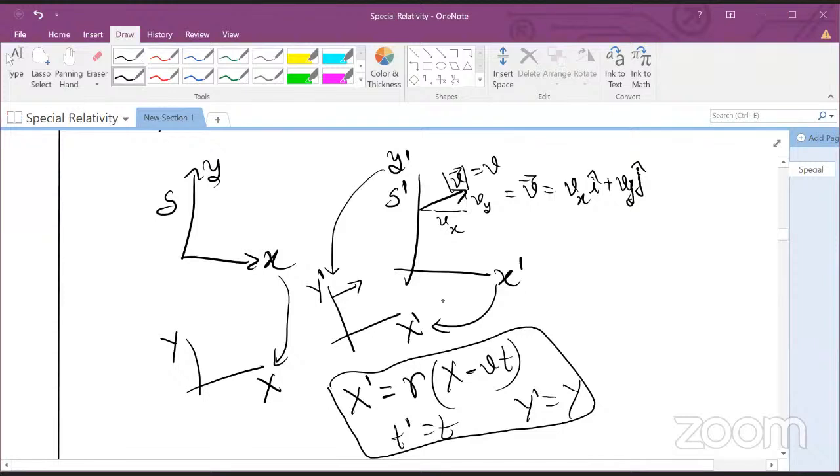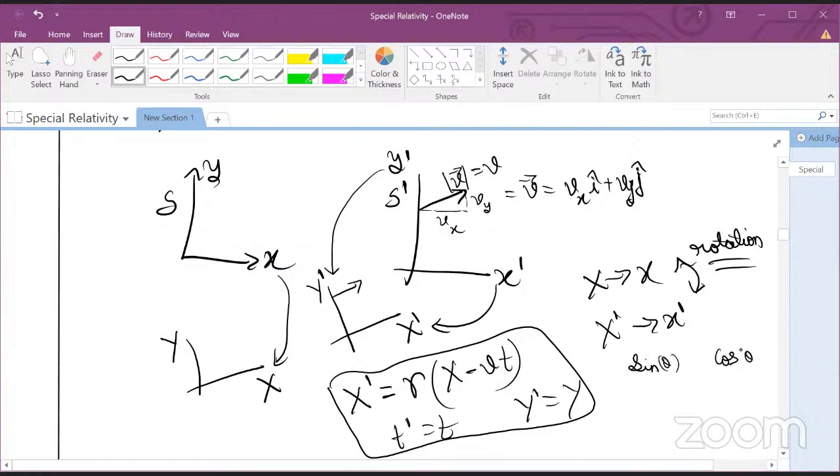Any doubt in this? How do we relate capital X, capital X dash, and small x dash? This is got by rotation. I remember the rotation matrix to be sin theta, cos theta, minus cos theta, or maybe sin and cos are interchanged. I don't remember exactly, but it will be somewhat like this. It's the rotation matrix.